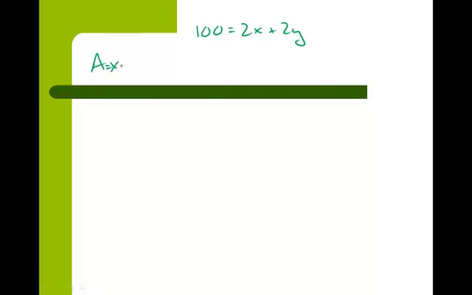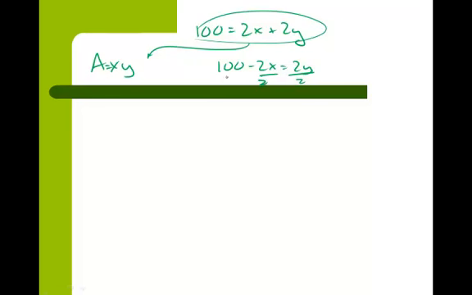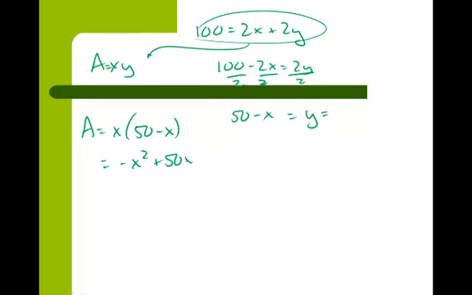So again, since I want to maximize area, I'm going to take the given information and plug it into here. So solving for y, divide everything by 2. So y equals 50 minus x. So my area is going to be x times 50 minus x. That's negative x squared plus 50x.